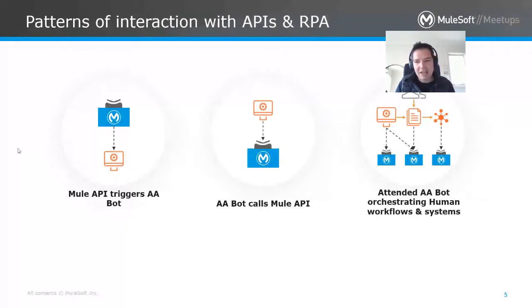And then the third pattern is where we have attended bots that are orchestrated by human workflows. This is a really exciting pattern if we think about the citizen integrator.